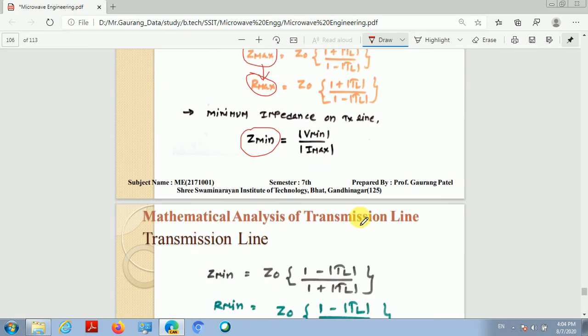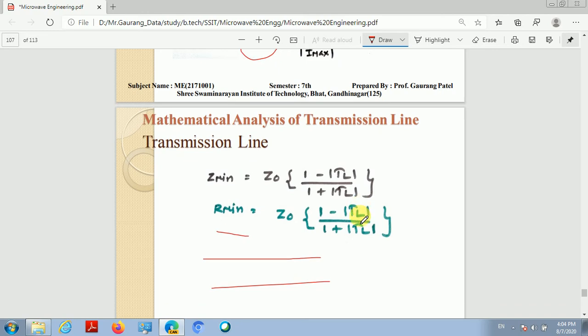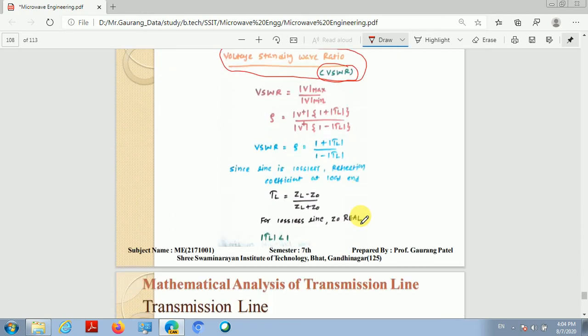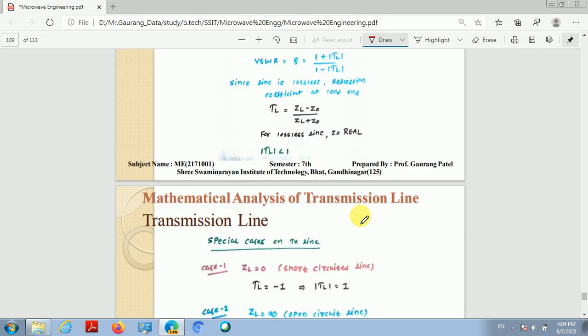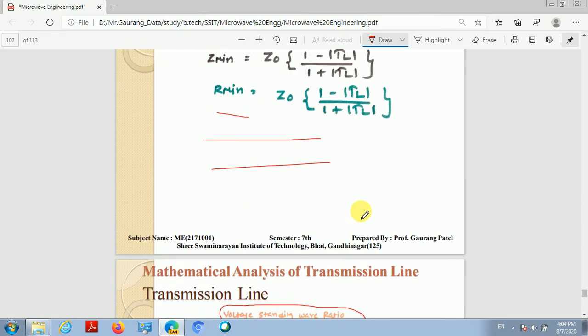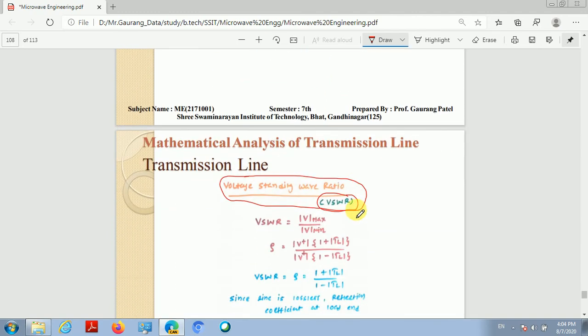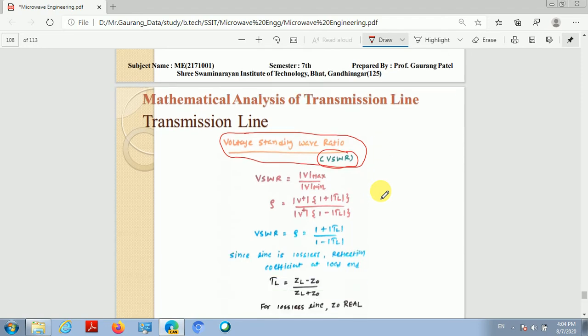So we will define a parameter of the standing wave, a parameter of only amplitude variation on the transmission line, which is known as the voltage standing wave ratio. So what is the voltage standing wave ratio? It is the parameter of the standing wave which depends only on amplitude variation on the transmission line.